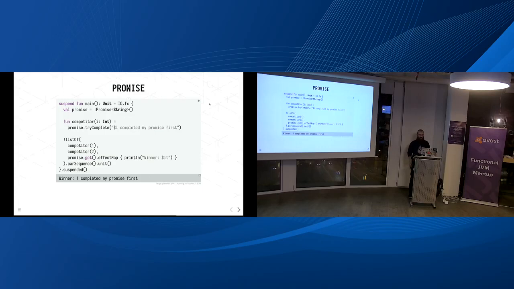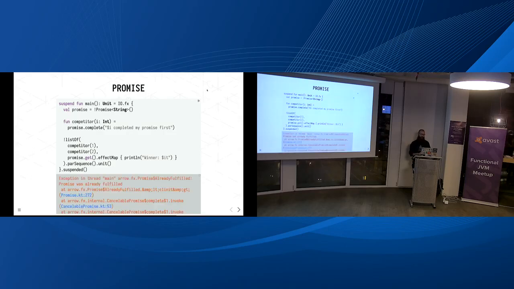So as you can see here, the first winner won. But this is actually a little bit different from other functional libraries. For example, if you had them try and complete, we would get an exception because you cannot complete a promise twice. So that is something that you have to deal with. But we also have a safe operator for that, tryComplete.